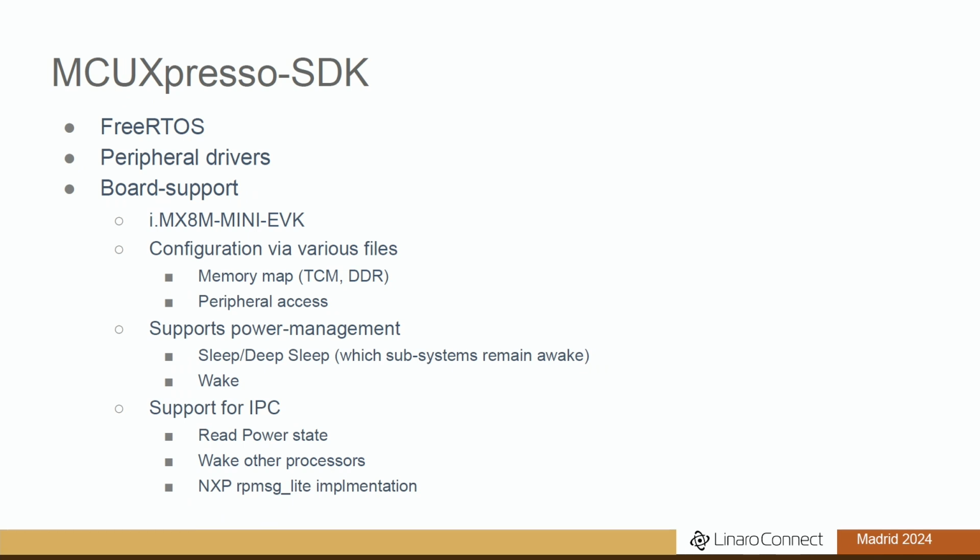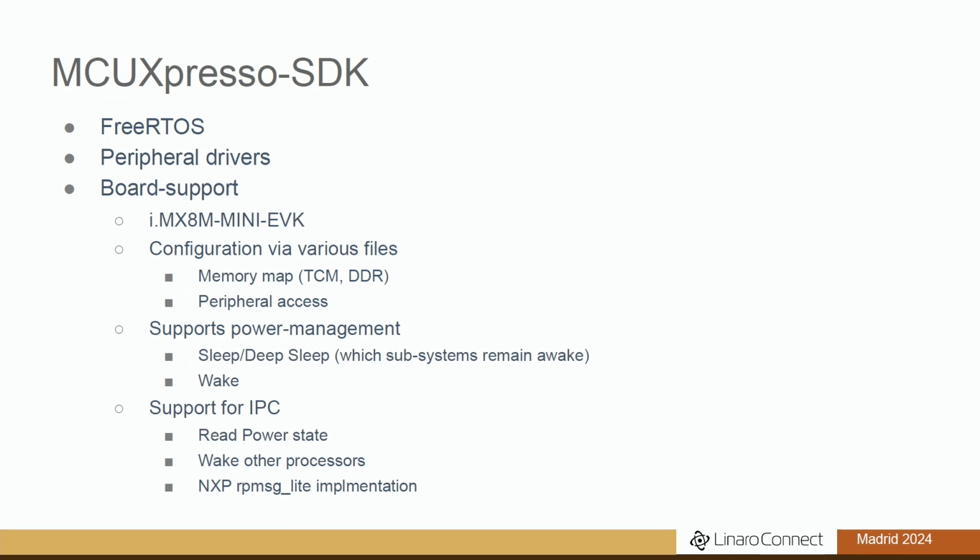One thing we do notice, again, is that the M4 is configured with various configuration files in the SDK. So you have to specify your memory map. You have to specify, when you do your final linking, for example, whether you're linking to run out of the tightly coupled memory or the external DRAM, which peripherals you want to use, and stuff like that.